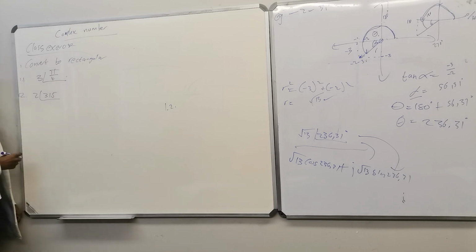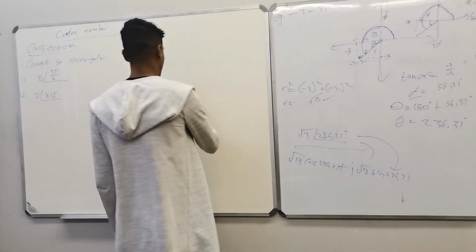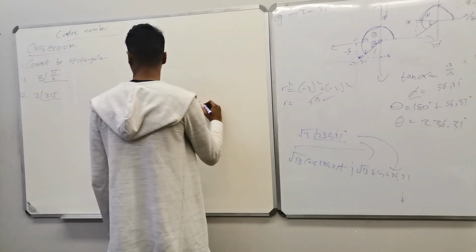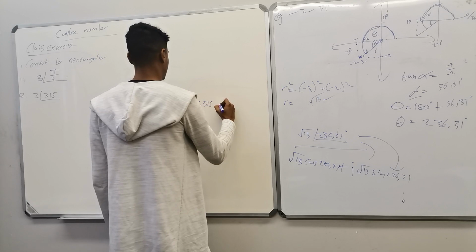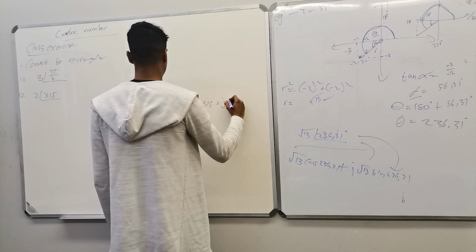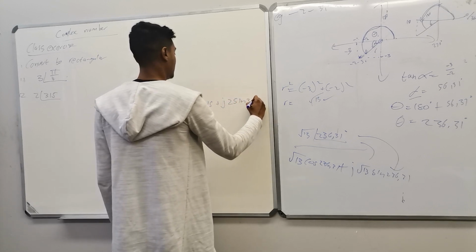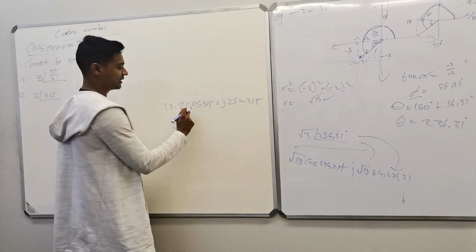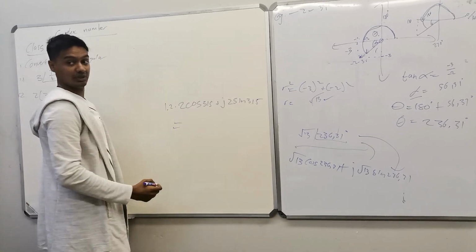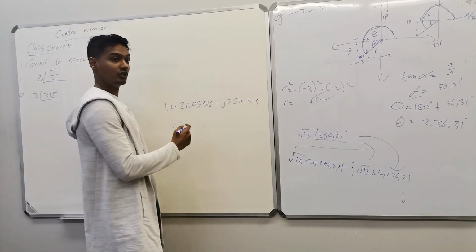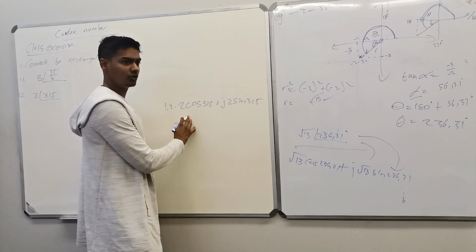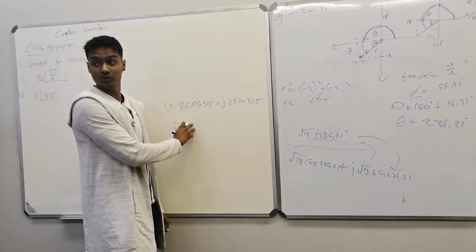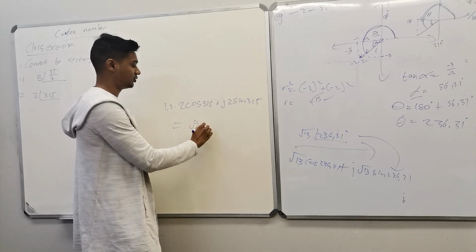Okay, I'm just going to do 1.2. You've got 2 cos 315 plus j times sine 315. Right, give me the answer for a. It's square root 2. Everybody else got square root 2? Yeah. Right, square root 2.